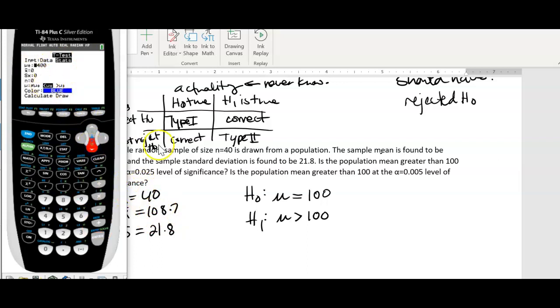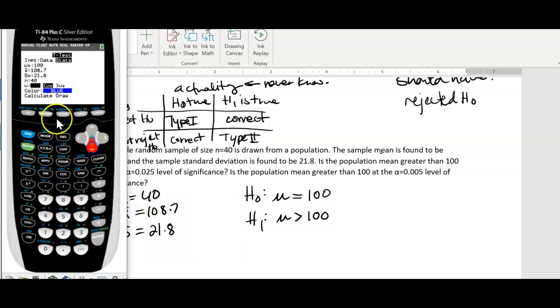Our mu naught is going to be the mean in our null hypothesis, so it is 100. My x bar is my sample mean, 108.7. My Sx is my sample standard deviation, which was 21.8. And my n is my sample size, which is 40.